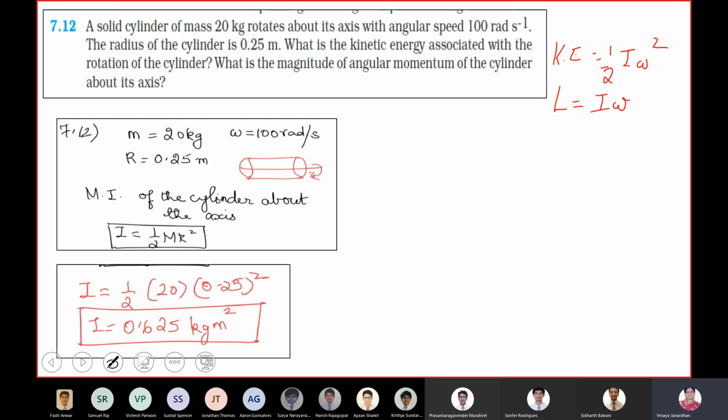Actually, angular momentum has a different value. It is P into R, linear momentum into R. Here, since we are dealing with moment of inertia, I am using L is equal to I omega. You people can calculate. So kinetic energy, the SI unit will be in joules.